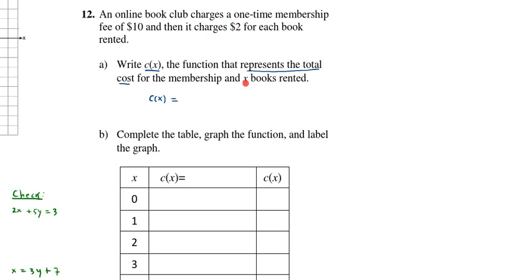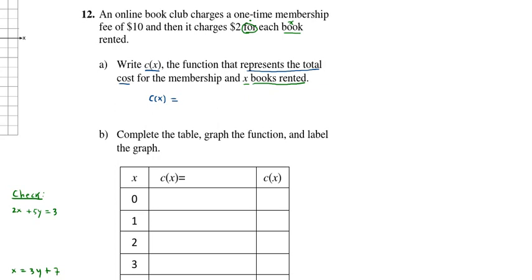The number of books is represented by the x. So x books rented. So $2 for each book rented. This represents the multiplication, and the number of books is represented with the x.